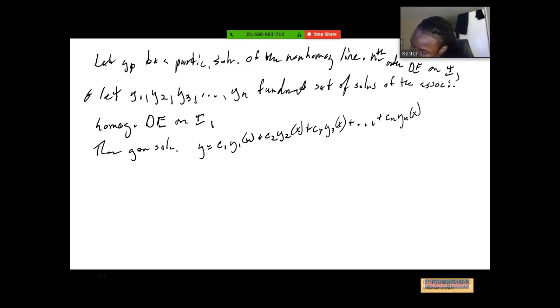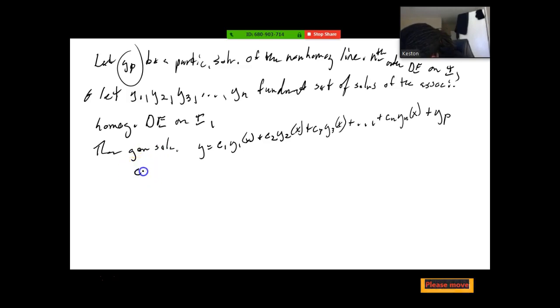You have arbitrary parameters. But here, what you do is add the y sub p. Not another coefficient, that y sub p, which was a particular solution of the non-homogeneous case. Okay? And the i's here, they made it pretty obvious.